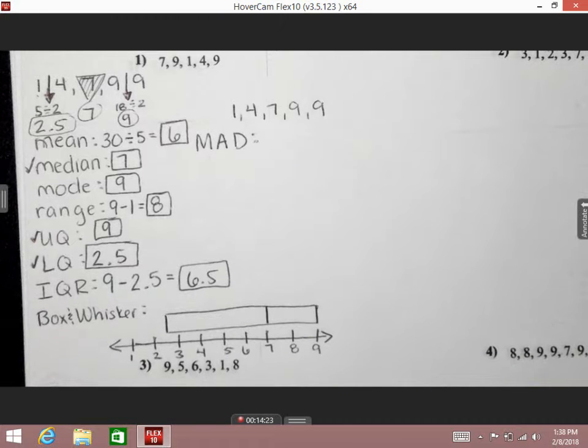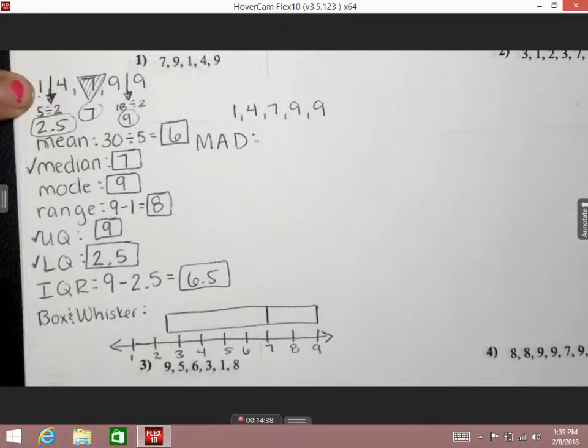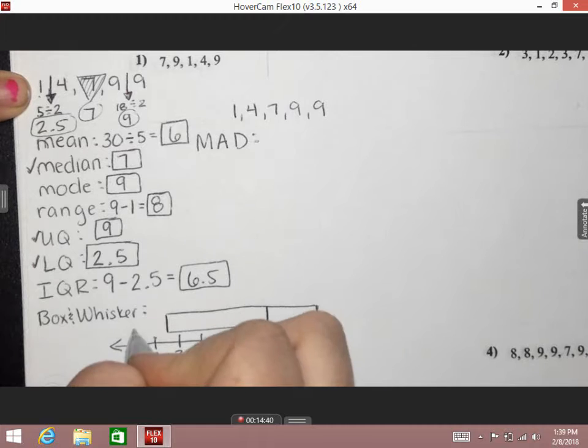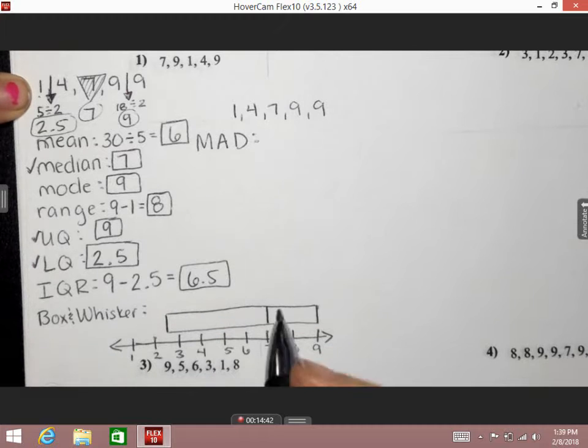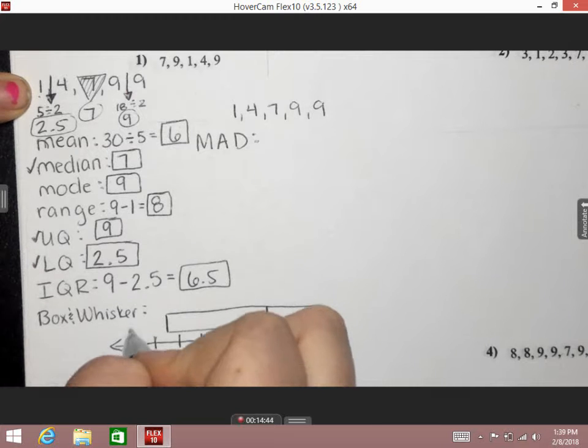So now we still have to put our whiskers. What makes up my whiskers? Maggie? The least number and the greatest number. What is my least number? 1, because that starts me out at the very beginning. So 1, and do I need a dot or a line? A dot, because we're connecting it as a whisker.